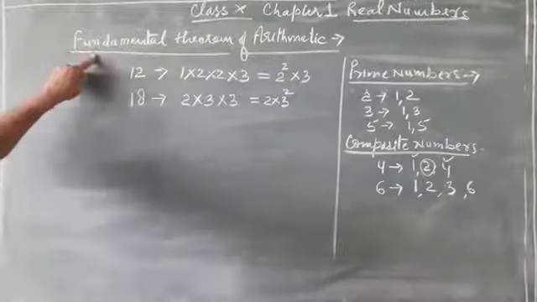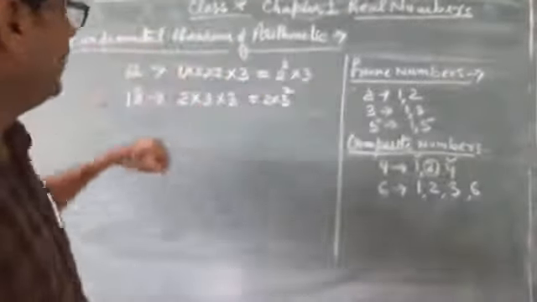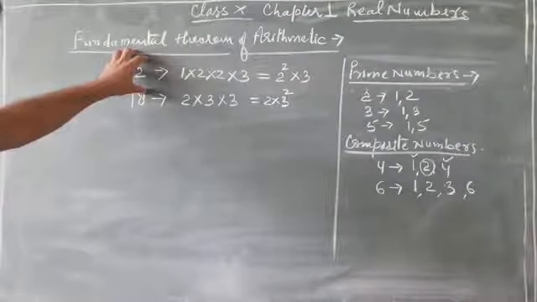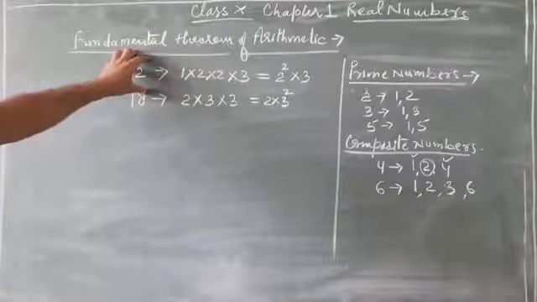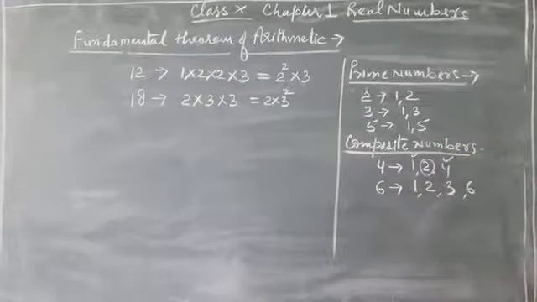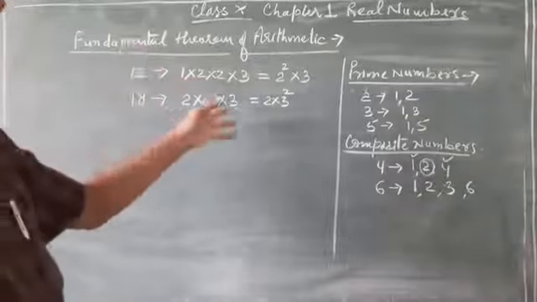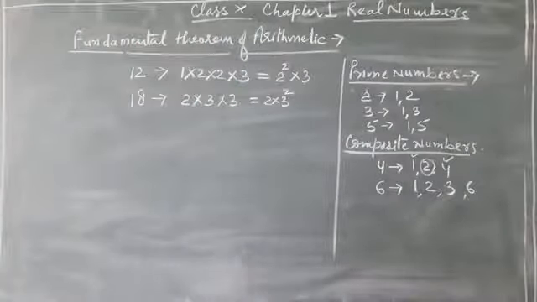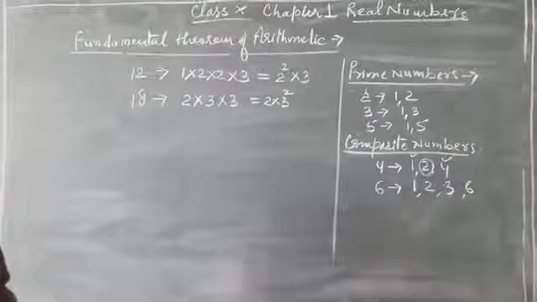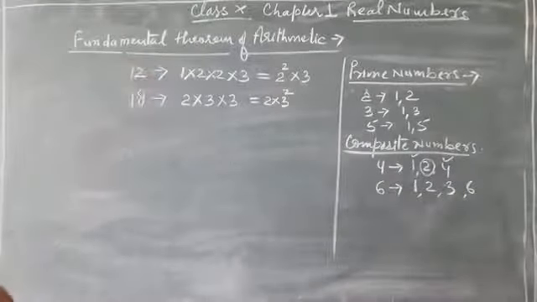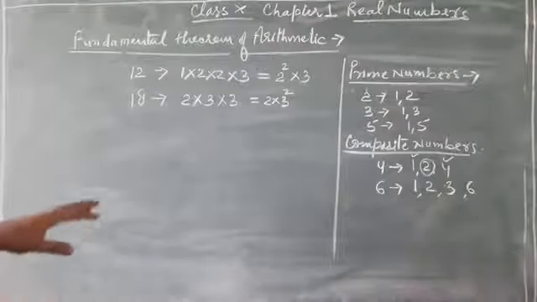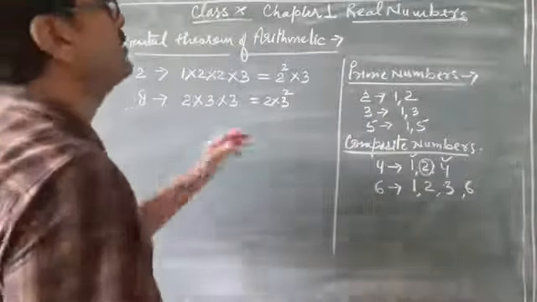So the fundamental theorem states that any composite number can be expressed or written as a product of prime numbers. Their order does not matter, meaning their order has no value.